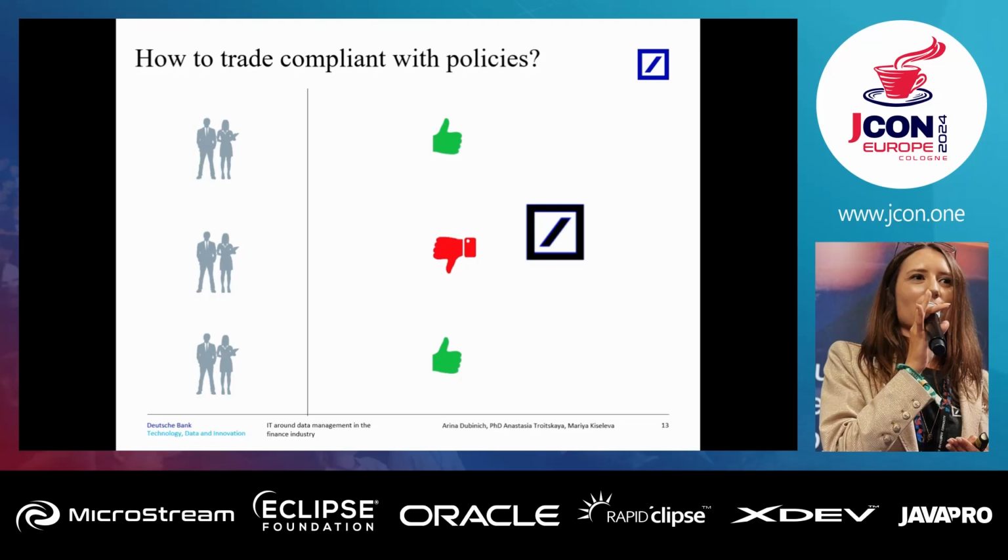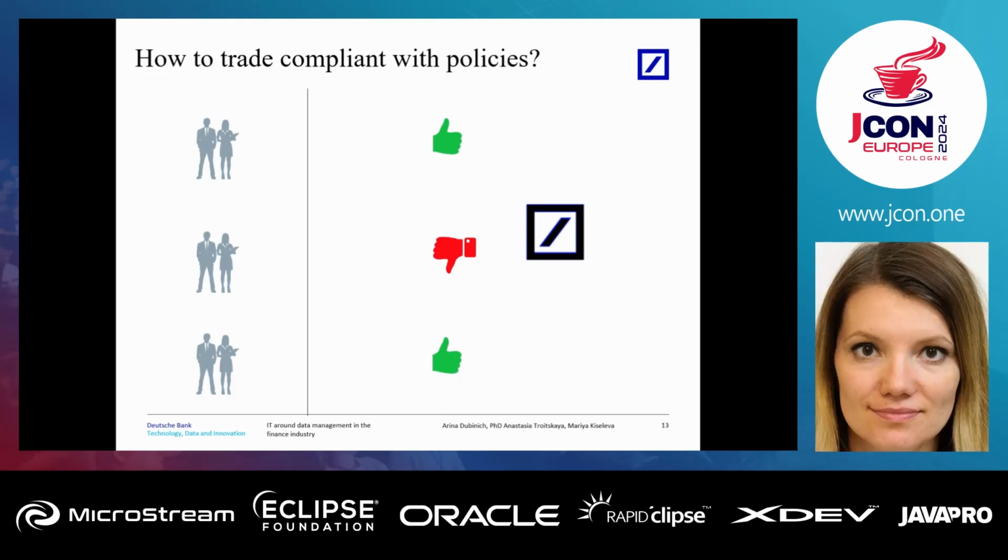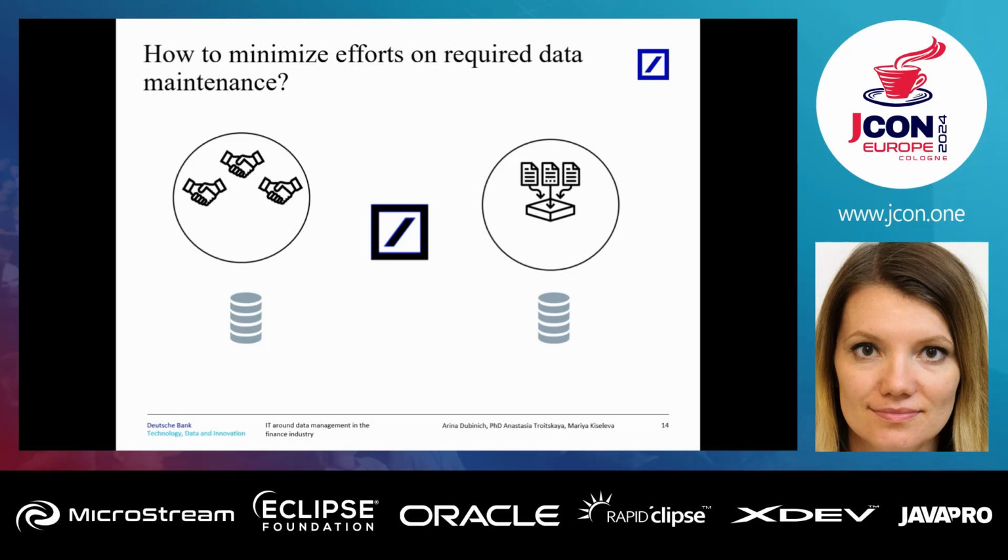So here is another question: how to implement it once and maintain it centrally? And the next question, so to perform all such kind of validations, we need data. The data is not only about databases and tables. It also means maintenance and management, because it has its own life cycle.